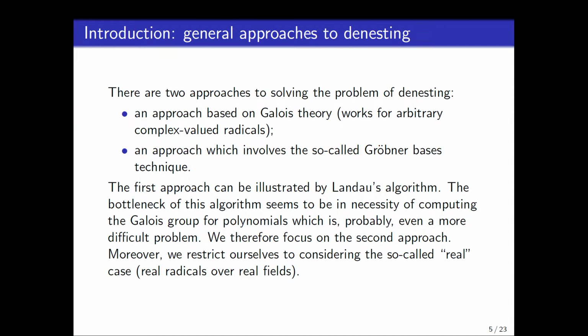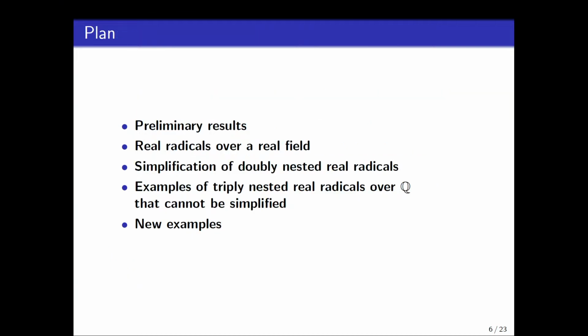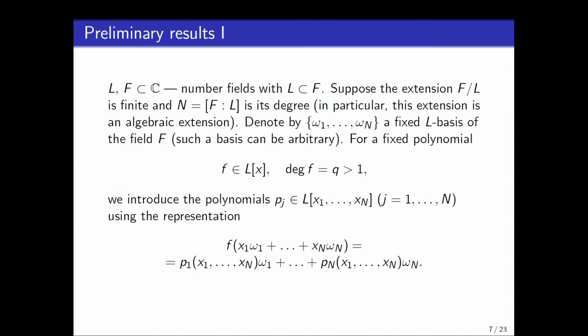And the second approach involves the Grobner basis technique, and here we can stay in the reals without going outside. Okay, this is the main plan of the talk, and let's start with some preliminary results first.